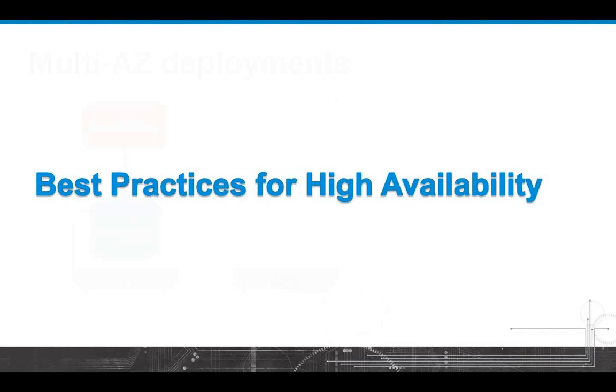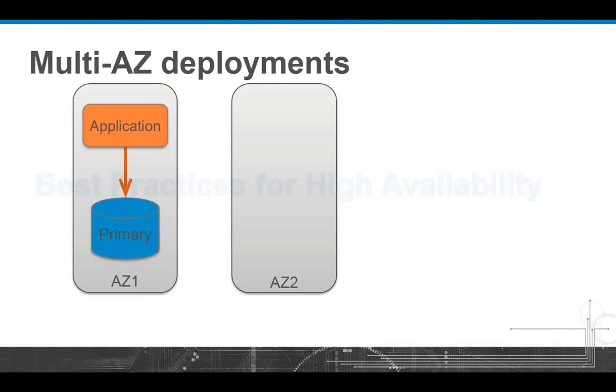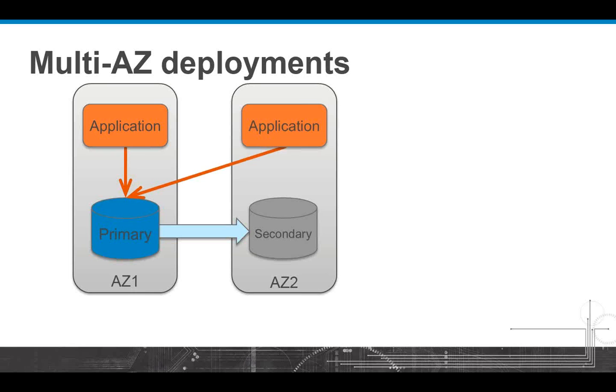So the first section, we're going to talk about best practices for high availability. If you are a current user of Amazon RDS, you are likely familiar with Multi-AZ deployments. This is a deployment model that allows you to create a highly available database instance using RDS. You can simply use the management console and check a checkbox to enable it. What happens behind the scenes is RDS creates a secondary database instance in a different availability zone.